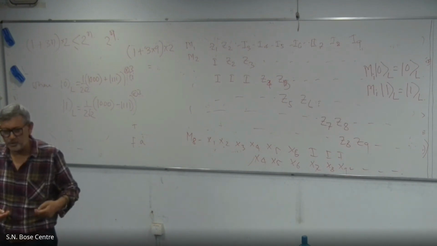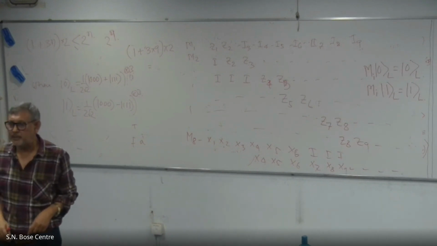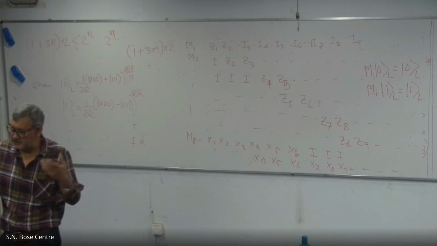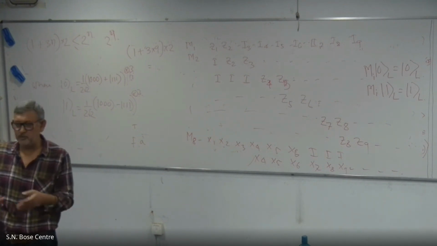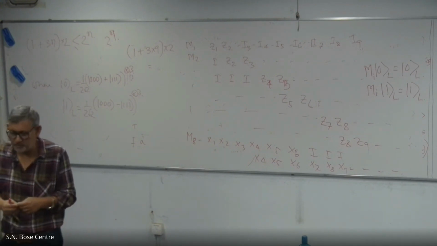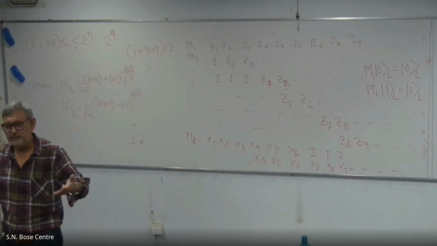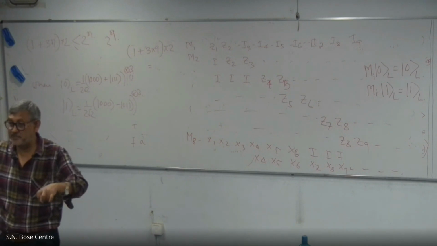Generally, you have to throw everything away. But this is not a very practical thing. There we will see, using the CSS code, that if the error is within the capacity of the quantum error correcting code, then actually from the raw key we can distill it, and we can do privacy amplification.